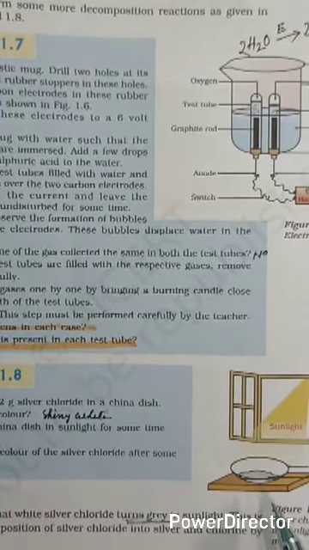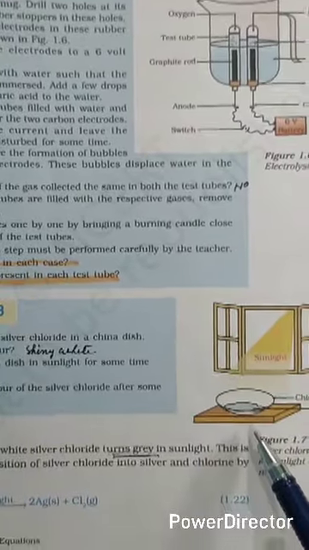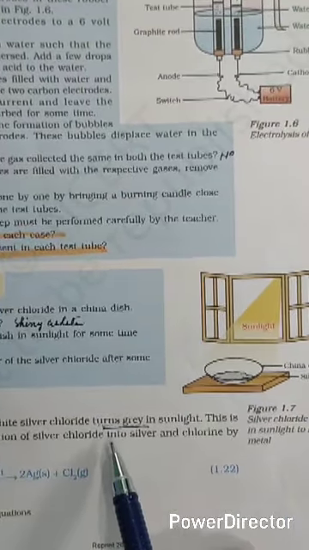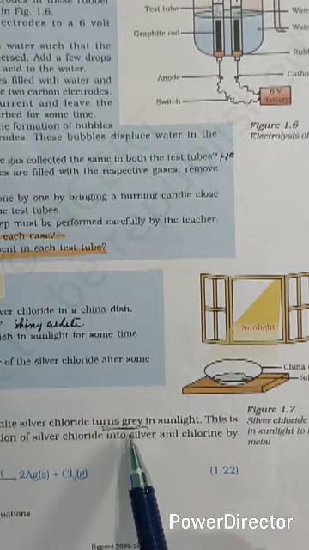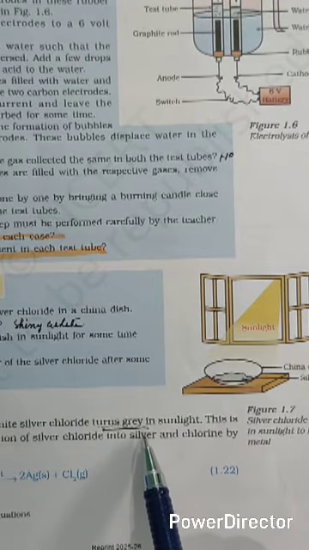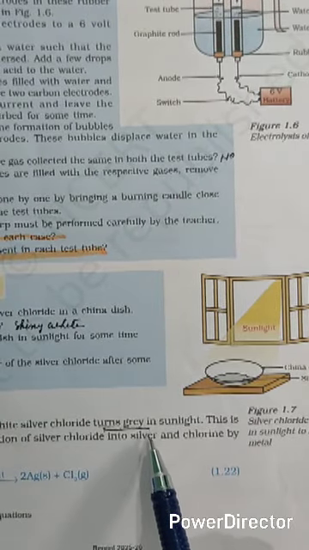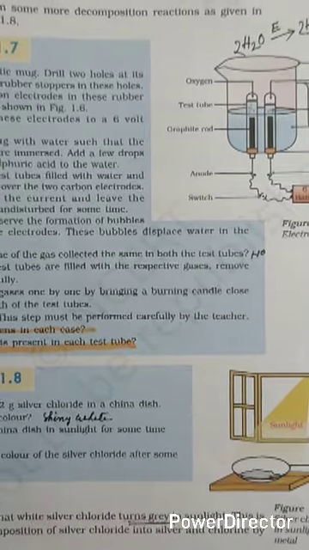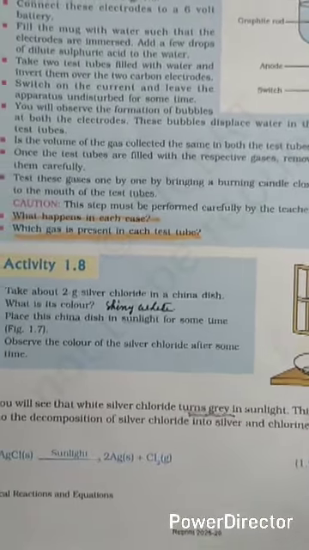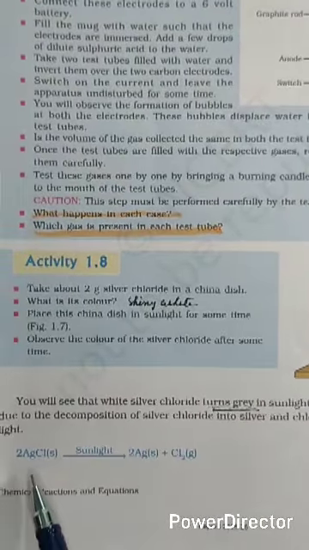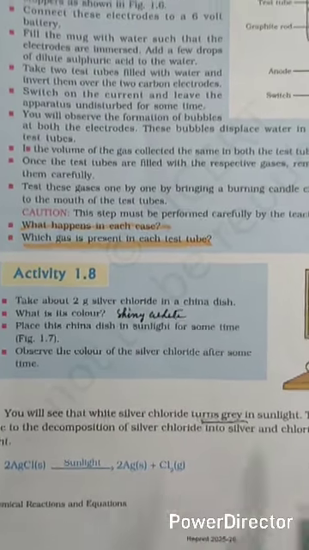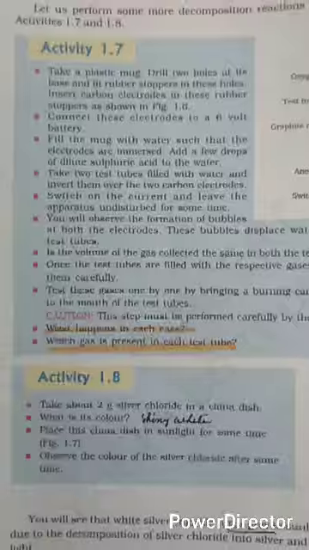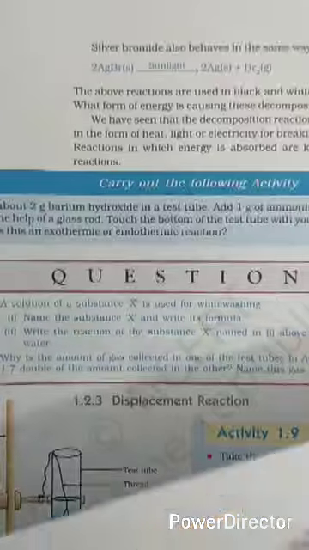It is found that this silver chloride turns gray. So this is the activity and the reaction involved given here. Silver chloride turns to silver and chlorine under sunlight.